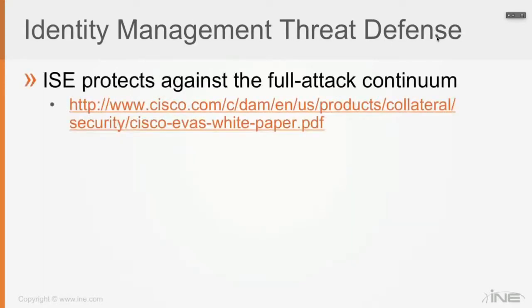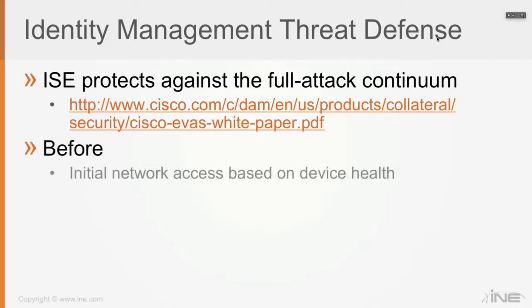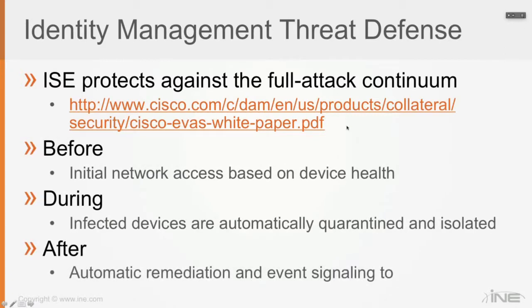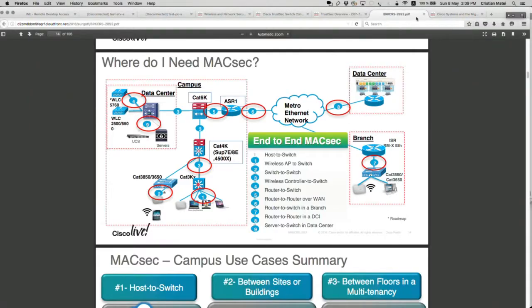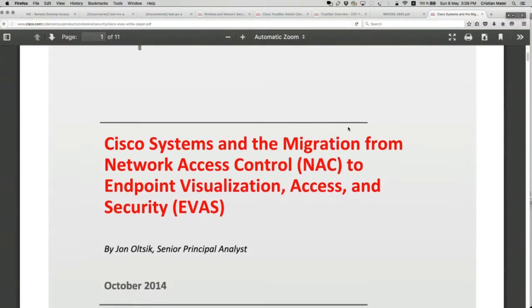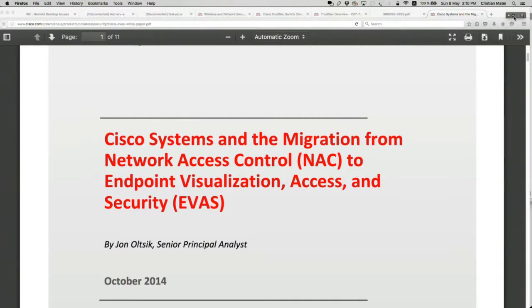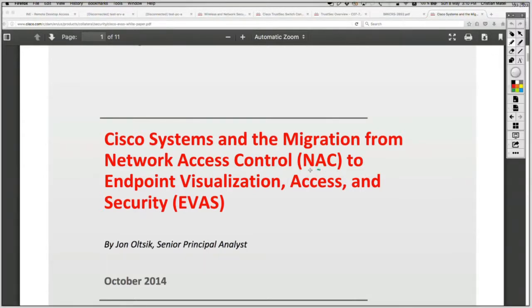And of course, in the end, as I stated at the start of this presentation, ICE is aimed to protect against the full attack continuum, which means before the attack happens, during the attack, and after the attack. You have that presentation from Cisco, where they state that ICE has evolved from NAC, and Cisco also called it endpoint visibility, access, and security.